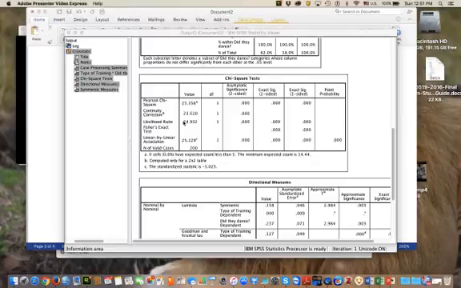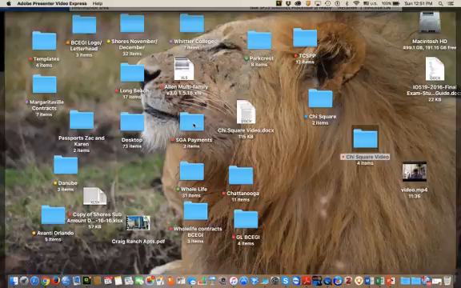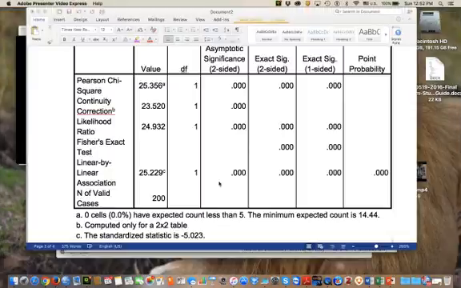So 75% of the time the cats respond to food, and that's what that tells us. And Fisher's exact test, they're all zeros, so it's not significant.